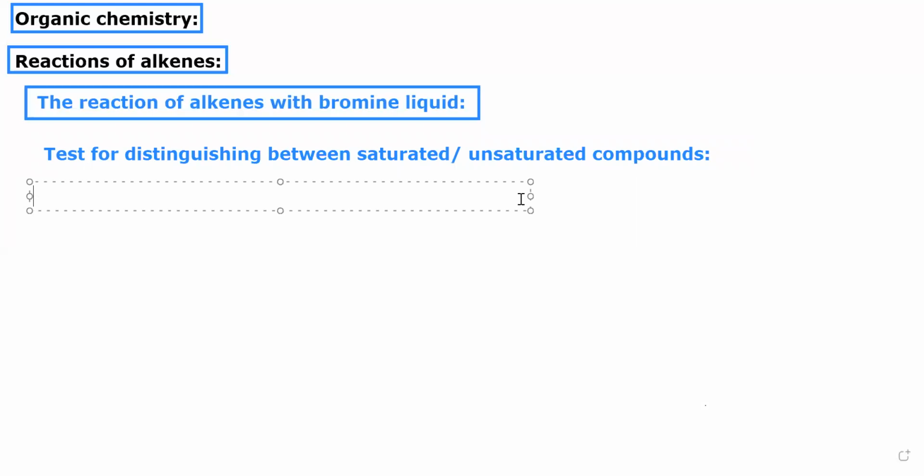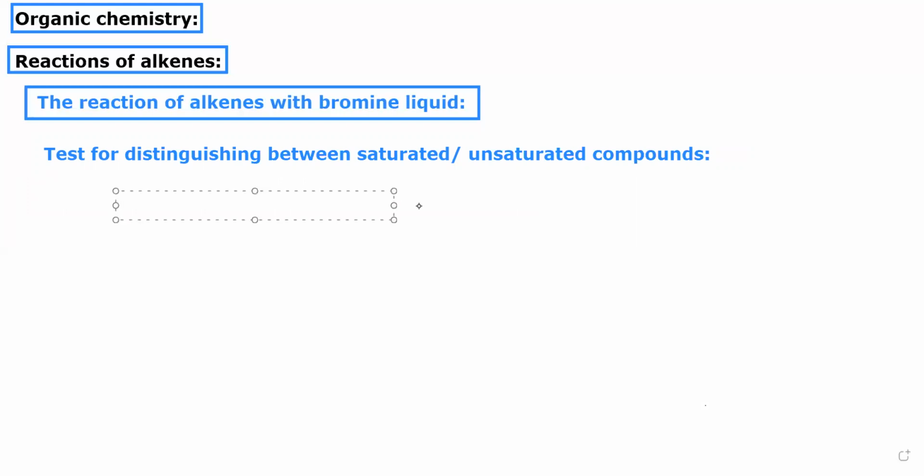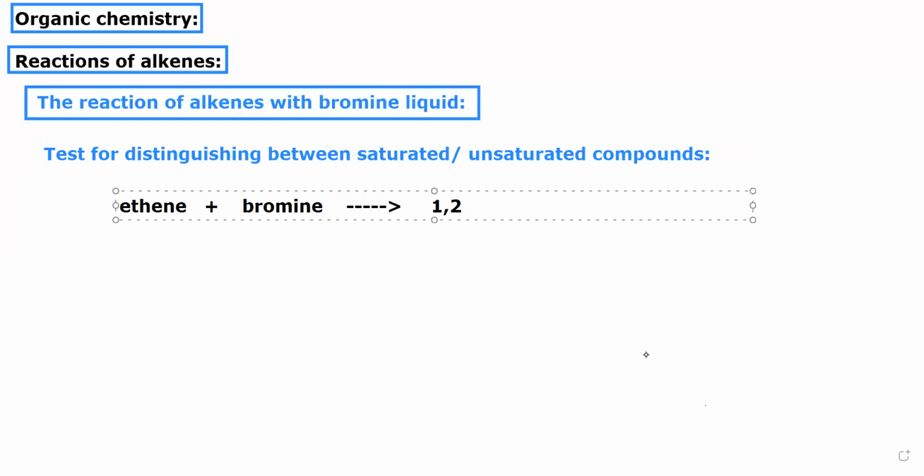What will happen? You are going to take an alkene, let's say ethene. Ethene reacts with bromine, and 1,2-dibromoethane will be formed.